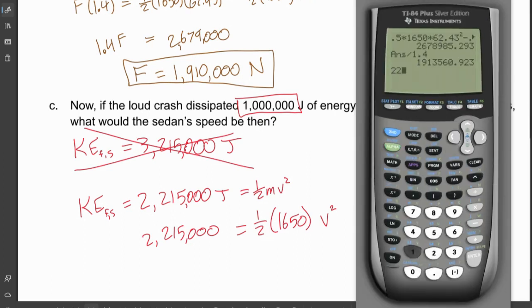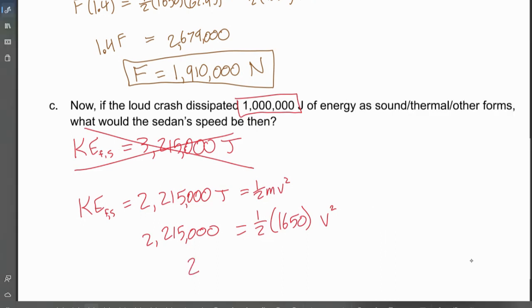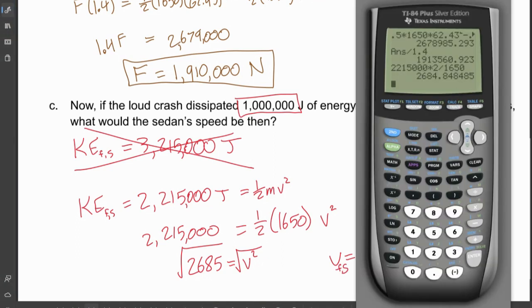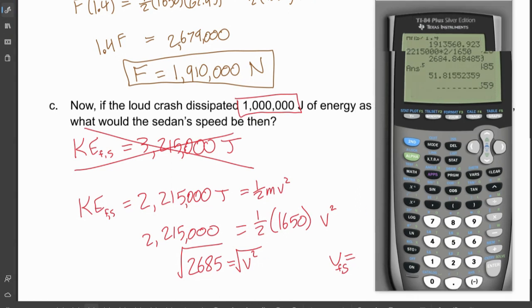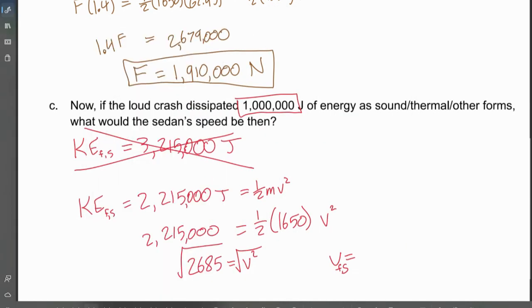So 2,215,000 joules, then times 2 divided by 1650. This gets me v squared, 2685. 2685 is equal to v squared. How do you get rid of a squared? You square root. So our final velocity of the sedan, we could just type to the 0.5, it's much faster, is 51.8 meters per second.